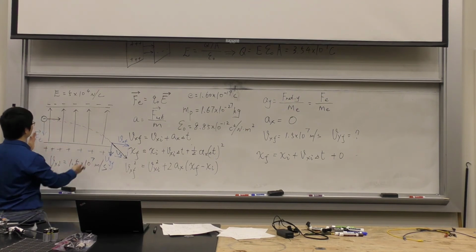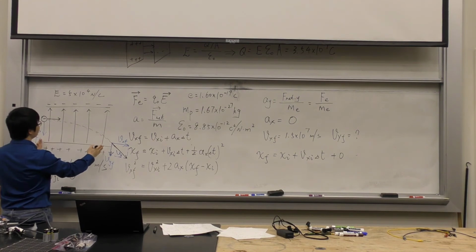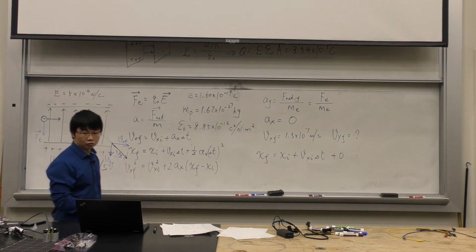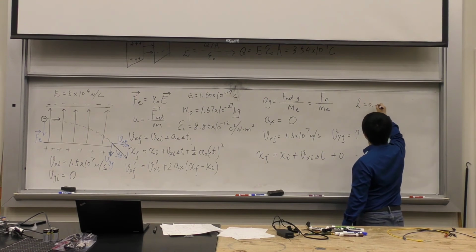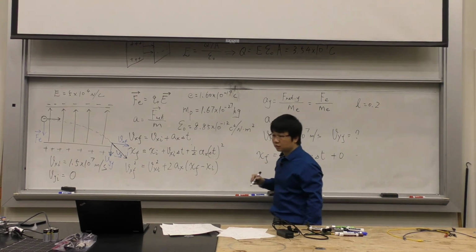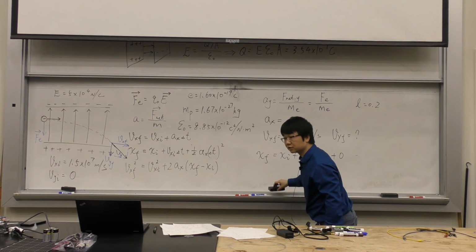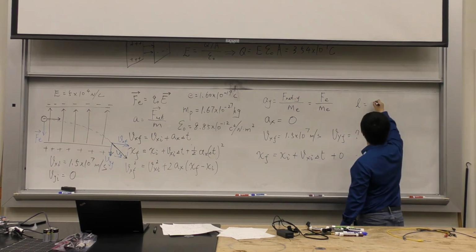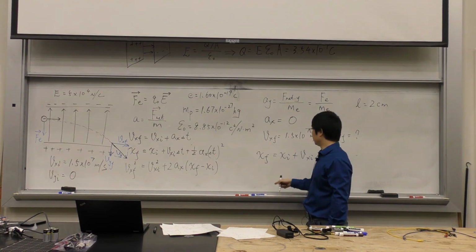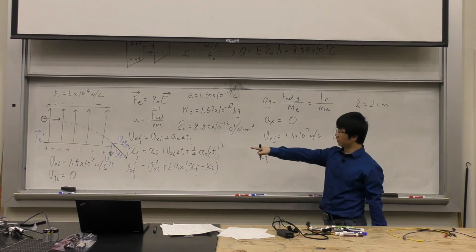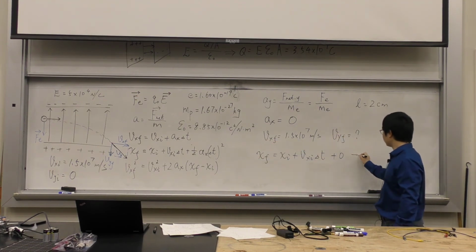So the length it travels in x direction is going to be 2 centimeters. So that's going to be the xf. So xi is 0, xf is 2 centimeters, and Vxi we're given. So you can find the time using this equation.